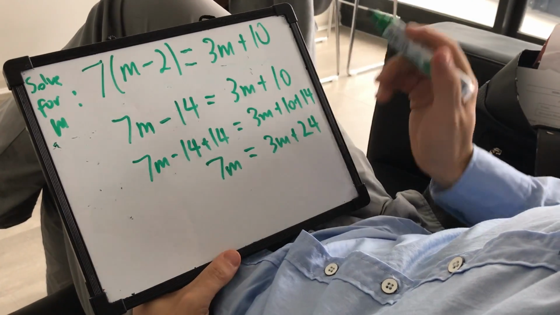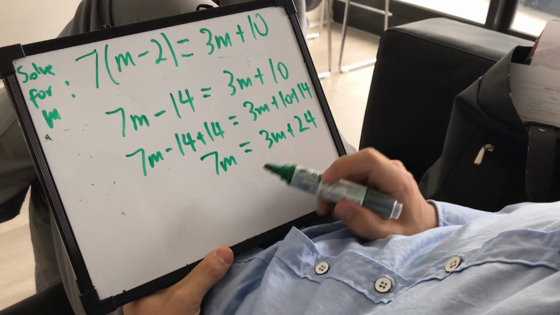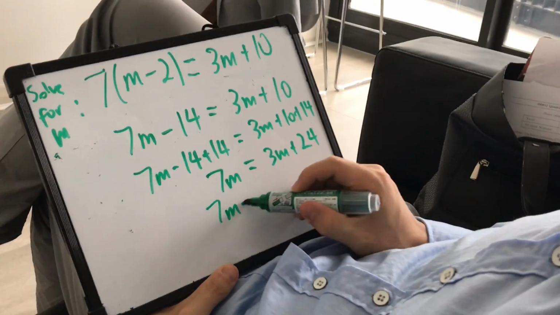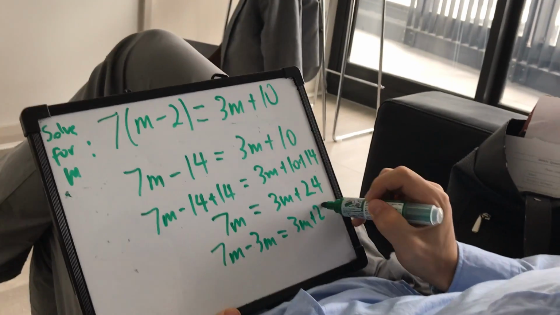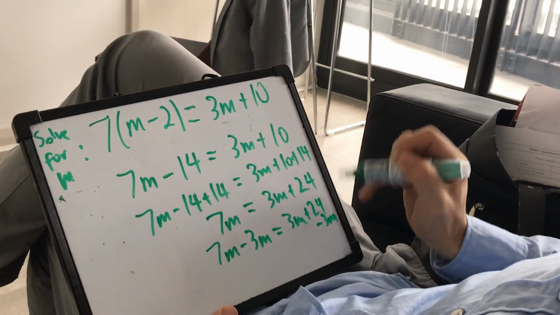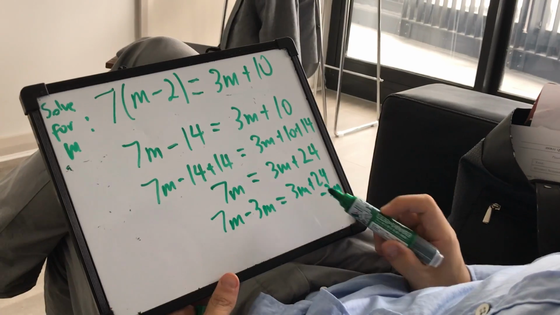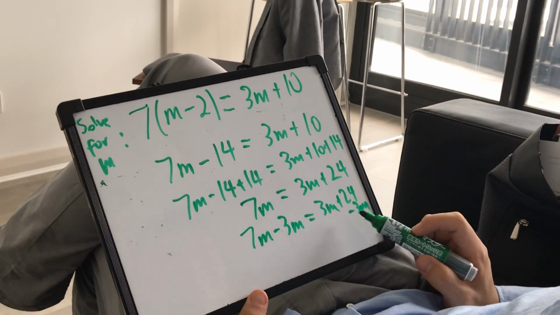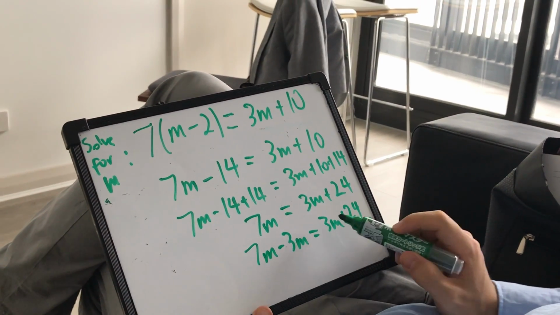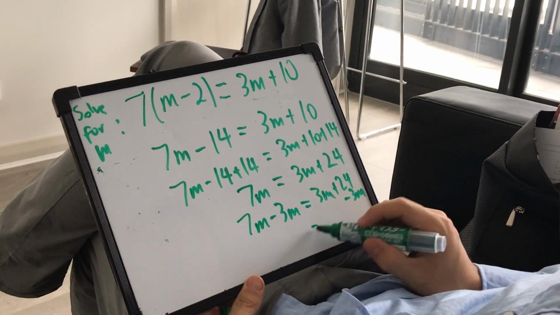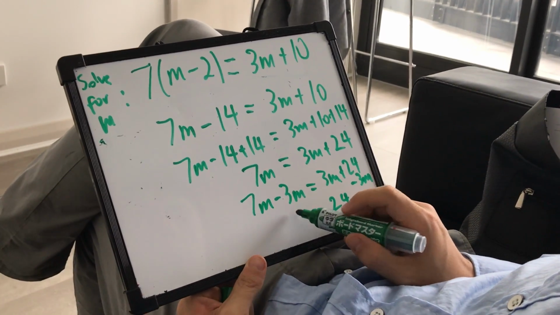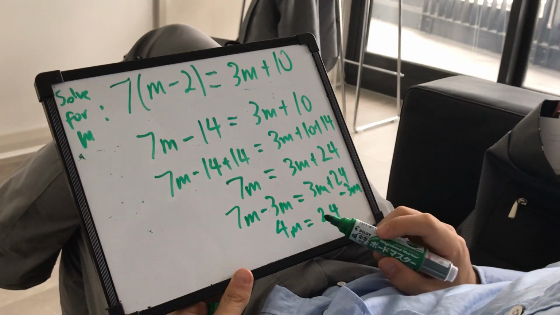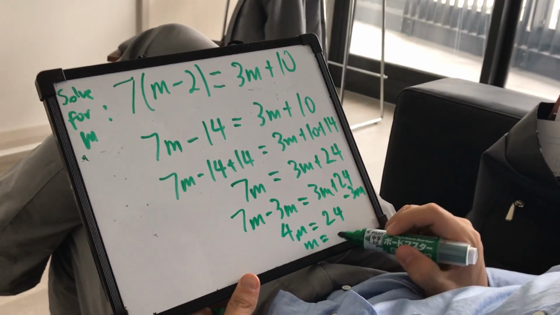Another thing I could do is subtract 3m from both sides: 7m minus 3m equals 3m plus 24 minus 3m. The point of doing this is so that this side has no 3m's anymore. So that's just 24, and here 7m minus 3m is 4m. So 4m equals 24.